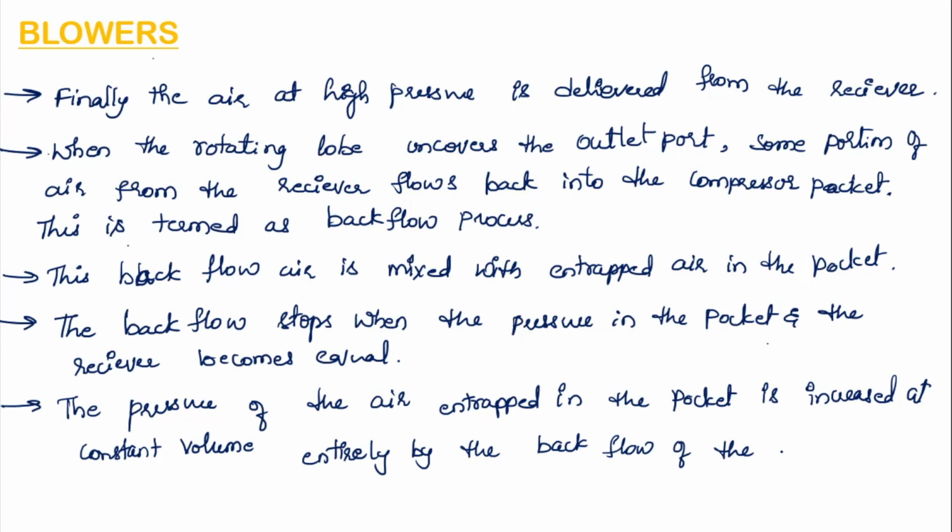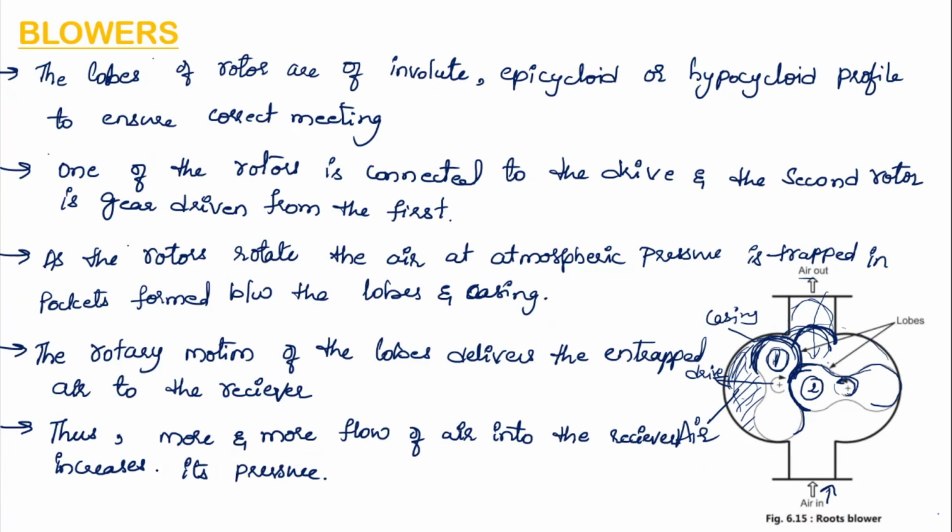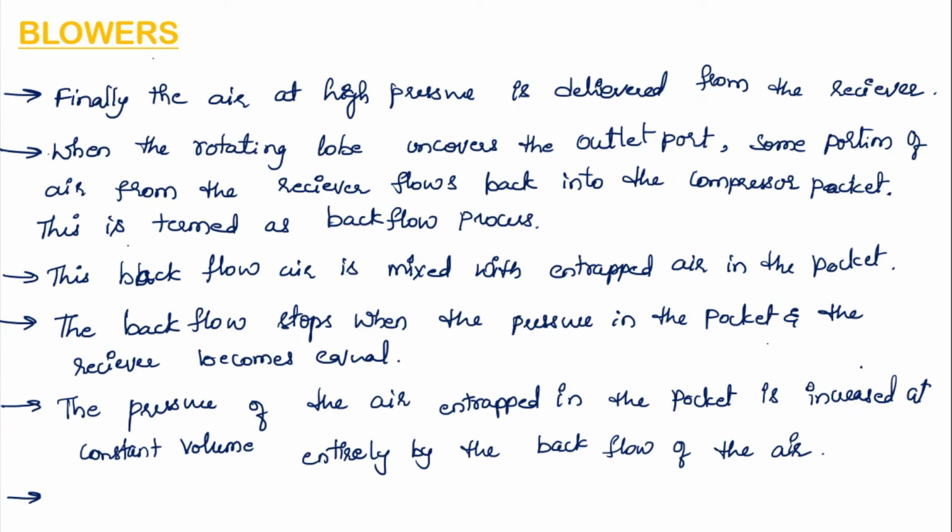Some clearance is provided between the casing and the lobe to reduce wear between them. So here this lobe is not entirely touching the casing. Some gap is provided to prevent wear, that is wearing of the casing as well as the lobe.